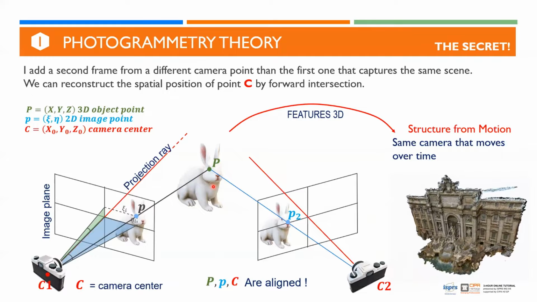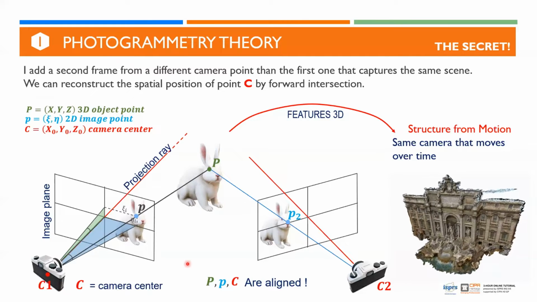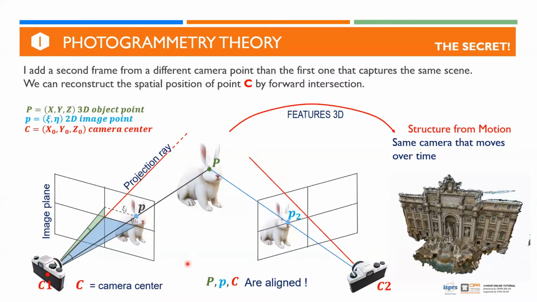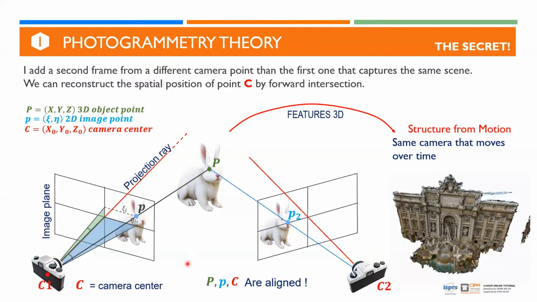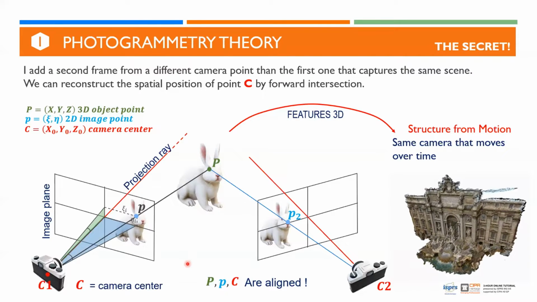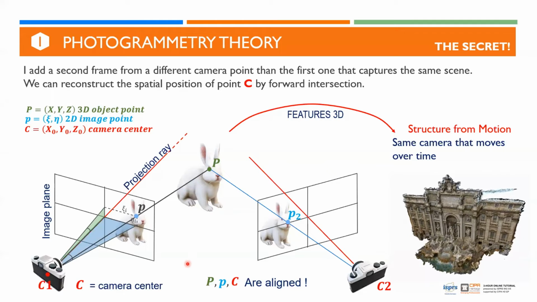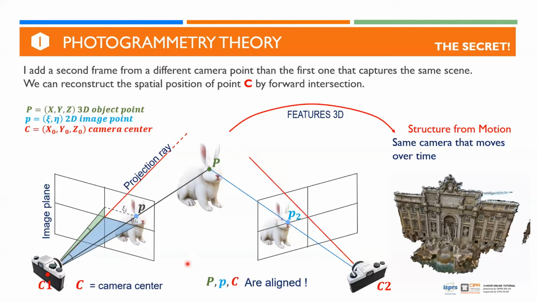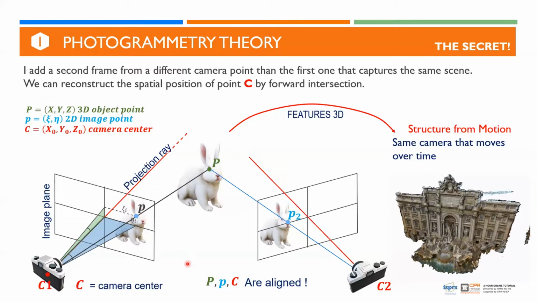In this case, we are dealing with structure from motion, as you can see in the right part of the slide. It is the technique that we actually use today. So we acquire, with drones or, for terrestrial photogrammetry, whatever you usually use, the images from different positions, so the camera is moving over time, and then we put everything together.